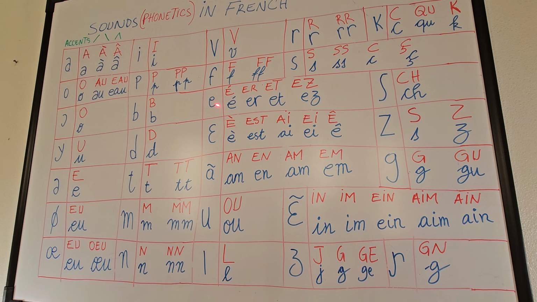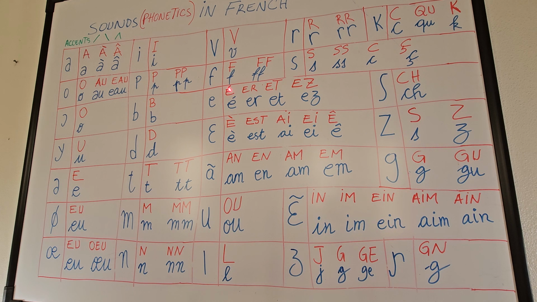Right, now we come to the sound é. The e with the acute accent is still é. But we have four ways of writing the sound é.